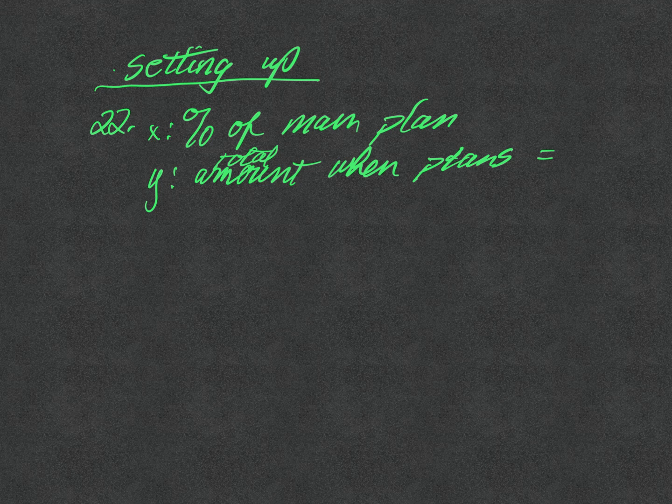So notice the first plan, you spend $300 and then you pay 70% of the cost of the items, and then that will equal the total amount.